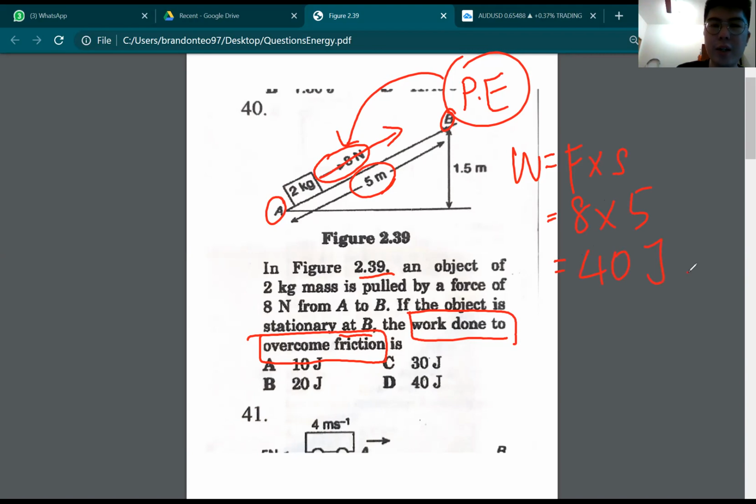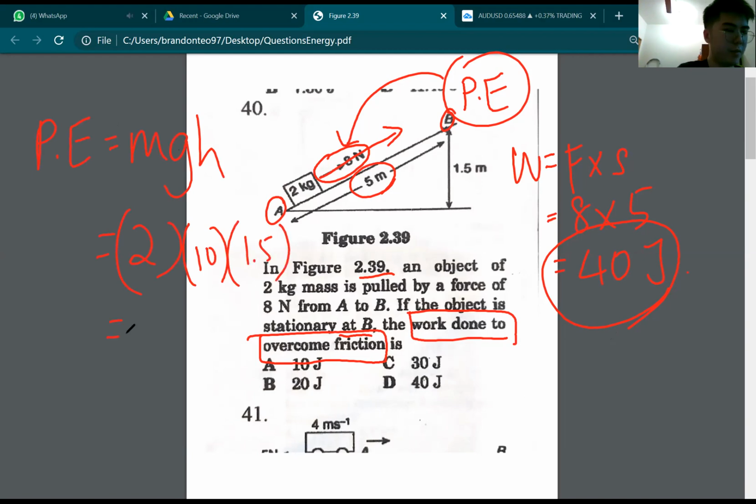When you move this object up to point B, you have done 40 joules of work on the object. So by right, the object should have gained 40 joules. Now let's calculate the potential energy of the object at point B. Again, potential energy equals mgh equals 2 times 10 times 1.5.